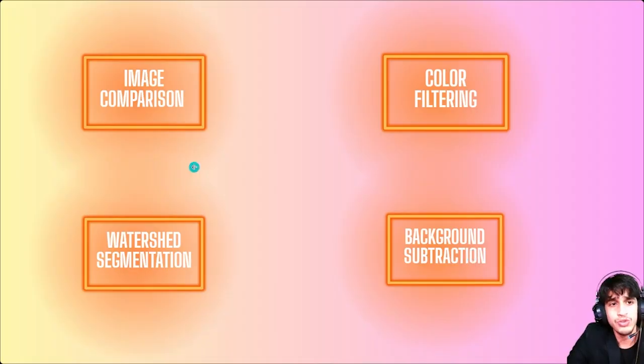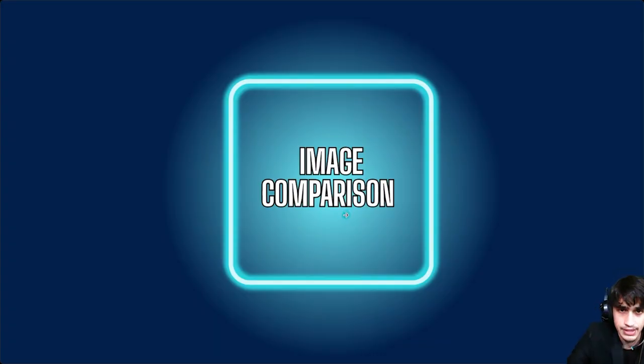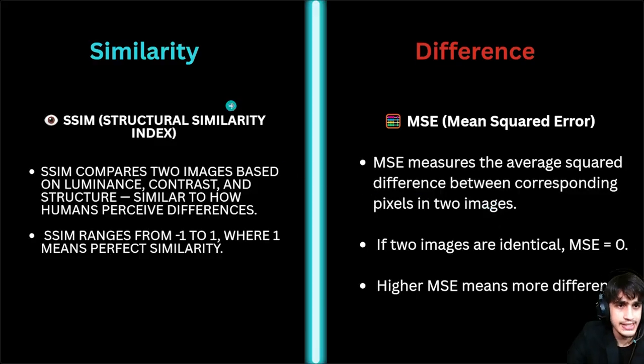Now we'll go through what image comparison, color filtering, watershed segmentation, and background subtraction are, one by one. Image comparison. If I say that I have to compare two things, on what merit can two things be compared? One is difference and one is similarity. In similarity, we use SSIM, or structural similarity index.